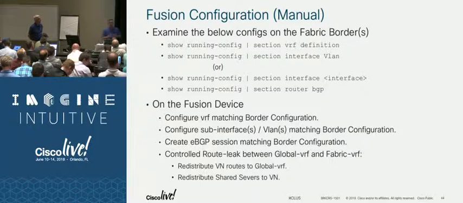I picked up the VRF definitions from each of my borders. Then I also looked at the interface VLAN configuration on the border, and replicated the same thing on my Fusion as well. And then I've created eBGP sessions between each of my borders and my Fusion router, and I've done the route leaking in my Fusion.